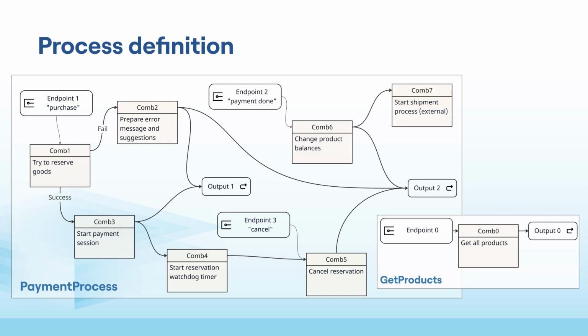The next step is to define the processes themselves. On Honey Platform, processes can be defined either in code, currently in YAML format, or using a graphical interface tool. What does a process definition include? A process definition consists of endpoints, combs, steps that execute code, output points, and control combs for special tasks.